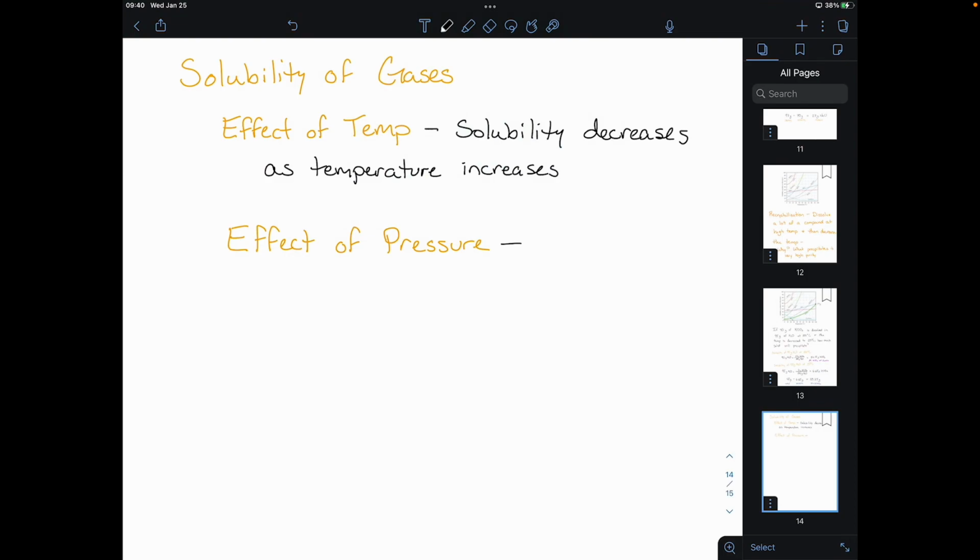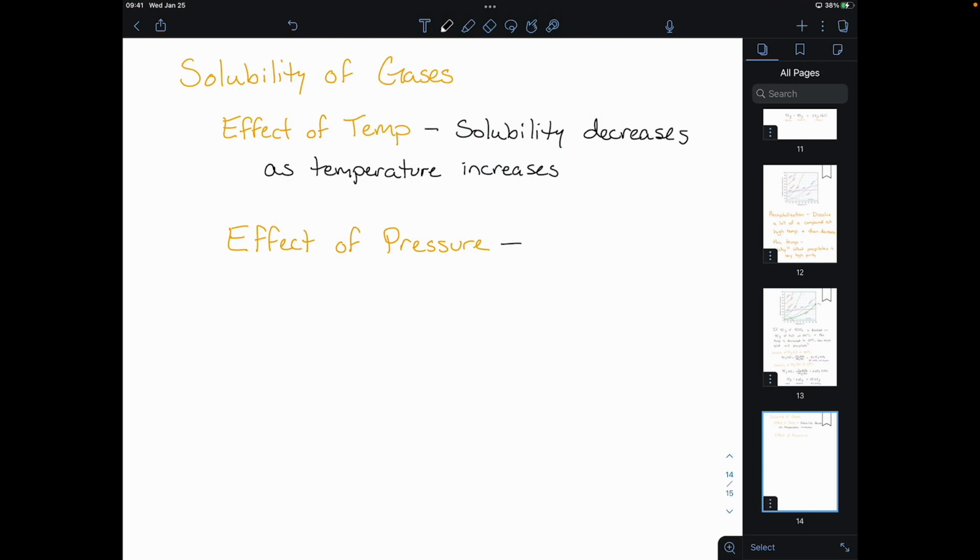And again, we all kind of know this based on our experience with carbonated beverages. What happens when you pop that can of soda? What do you hear? What's that sound? That sound is that pressure being released, right? So soda is generated at a high pressure in order to keep that carbon dioxide dissolved in the liquid. And as soon as you pop that can, what starts to happen? That carbon dioxide starts to escape, right?